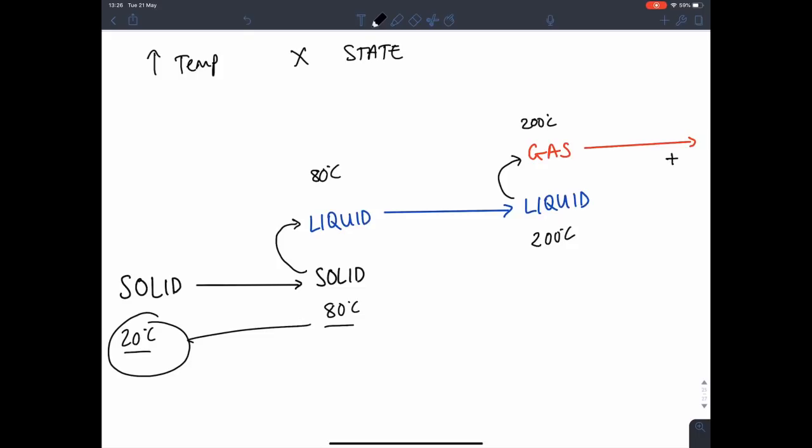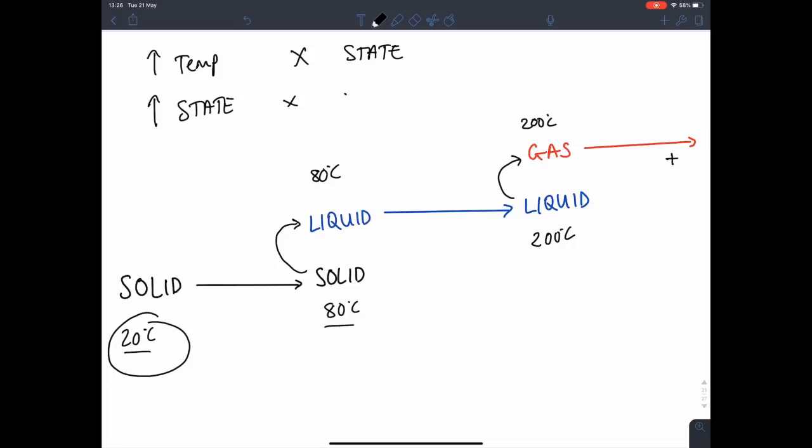And in another scenario, energy is used to change state, but not temperature. For example, when it goes from solid to liquid, it's changing state, but it's not changing temperature. It's still 80 degrees. Those two types of energy have specific names.